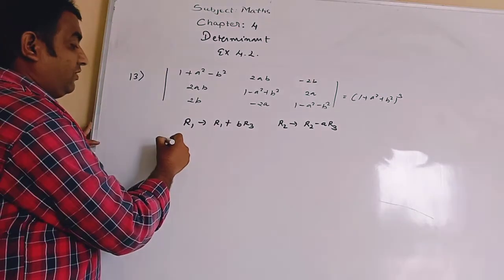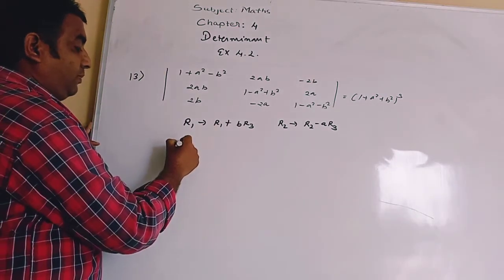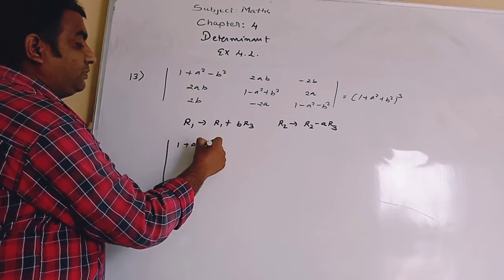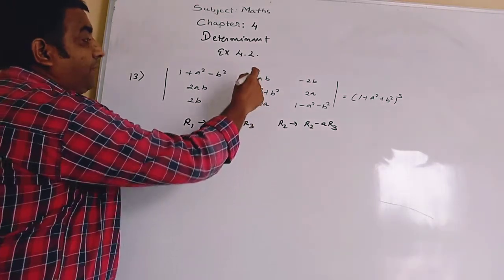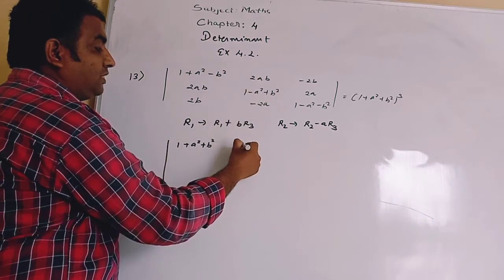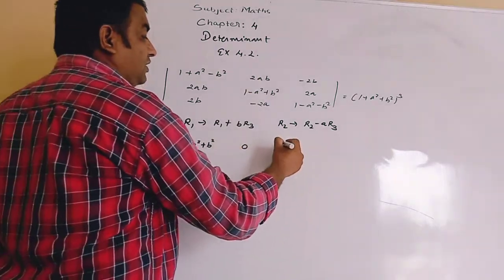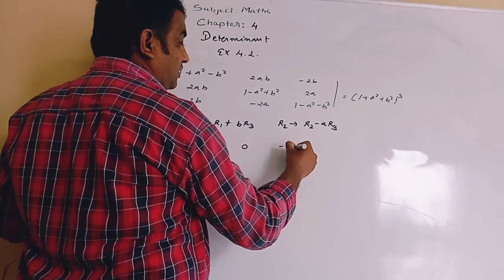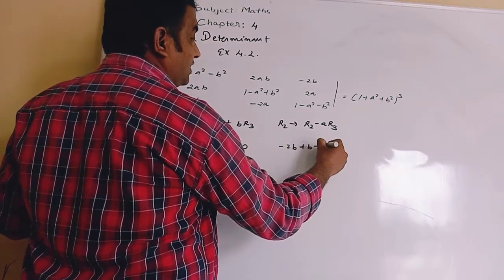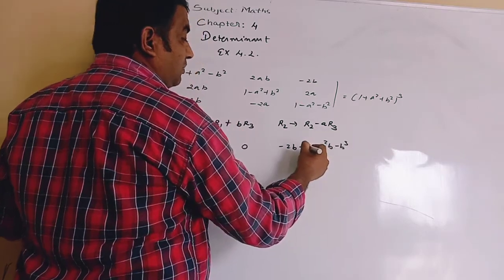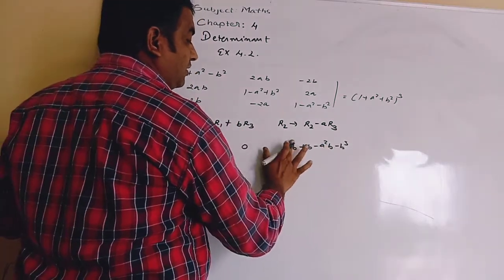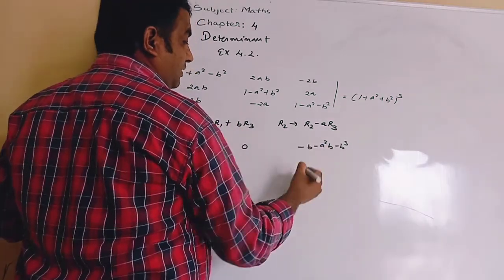So here in R1, 1 + a² − b² plus 2b², so it is plus b², so 1 + a² + b². 2ab − 2ab is 0, and −2b plus b(1 − a² − b²)... so −2b plus b will be −b.